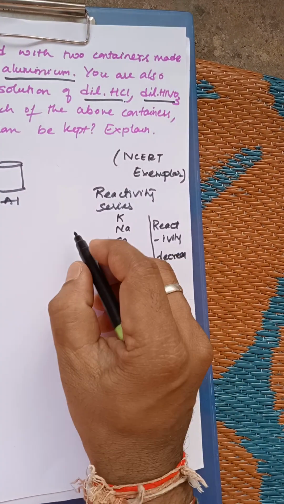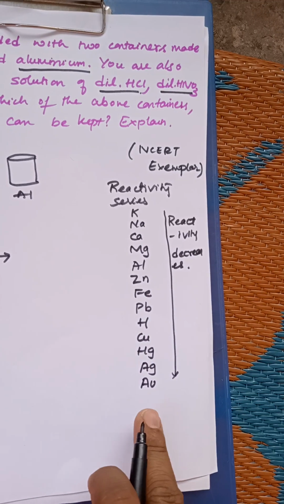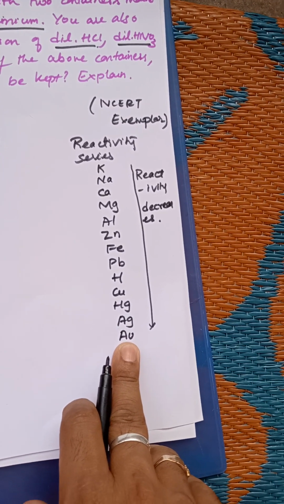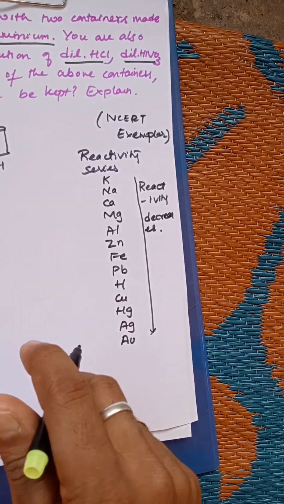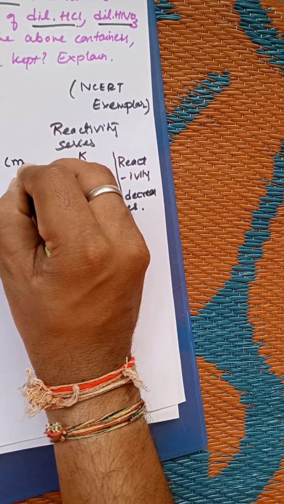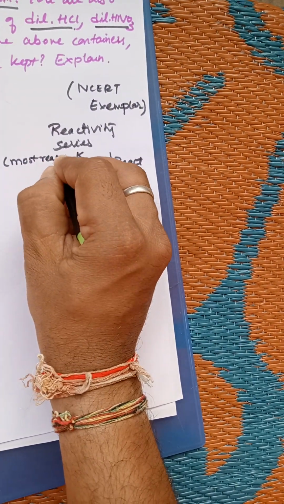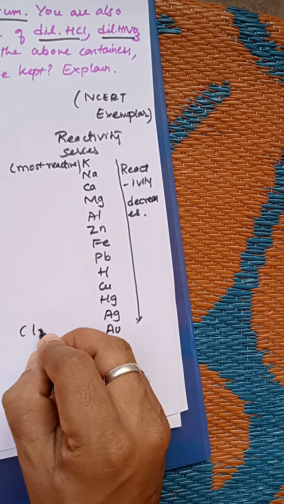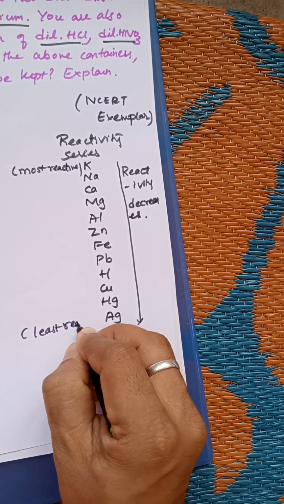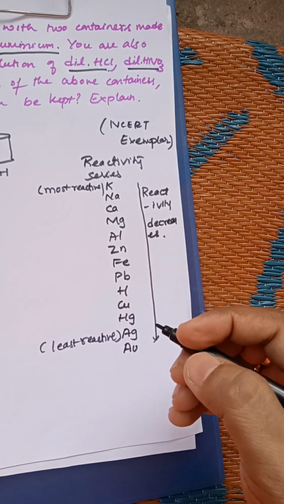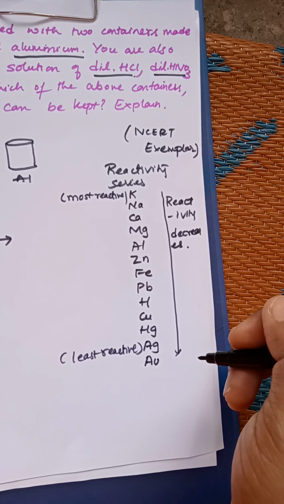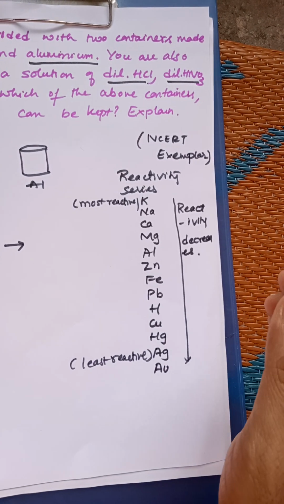The most reactive element is placed at the top, whereas the least reactive element is placed at the bottom of this reactivity series. So potassium is most reactive, while gold among these elements is the least reactive. In a displacement reaction, a more reactive element will displace a less reactive element from its compound.